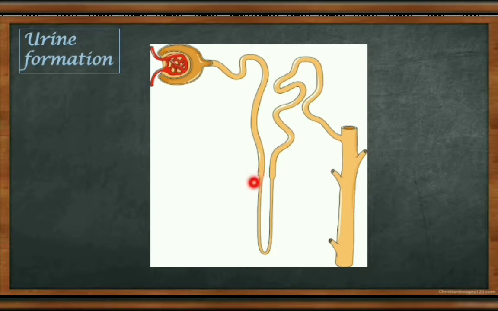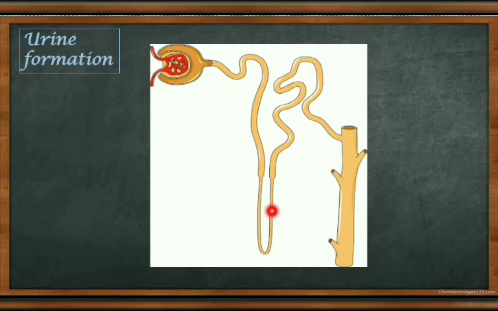Now this part you see, this is basically the loop of Henle or Henle loop. This one is the descending limb, this is the hairpin, and this one is the ascending limb. So three parts that you already know.